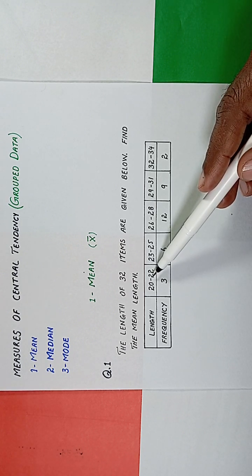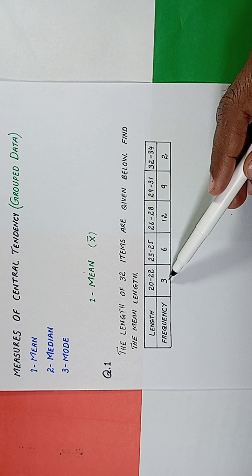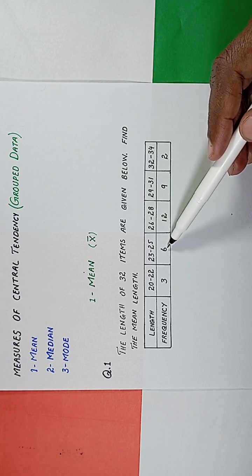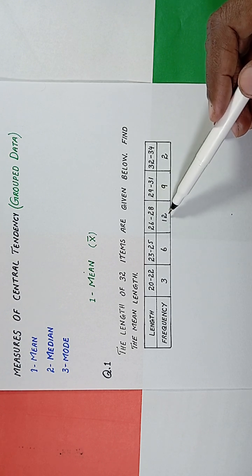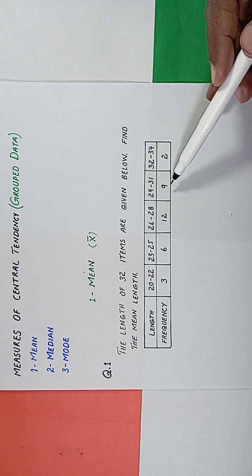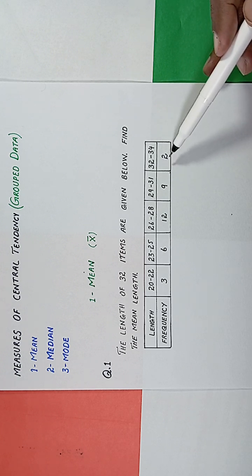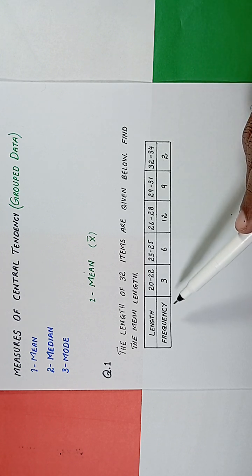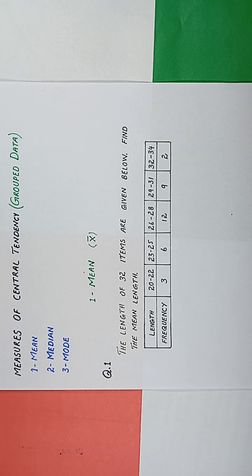The first class interval has a frequency equal to 3, second has 6, third has 12, fourth has 9, and fifth has 2. So here we are given the grouped data and we are supposed to find its mean.